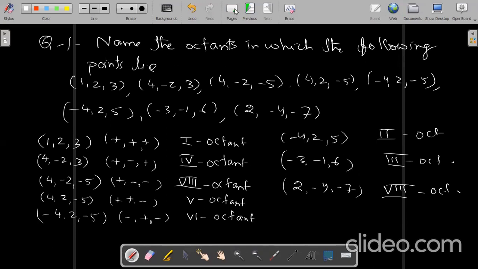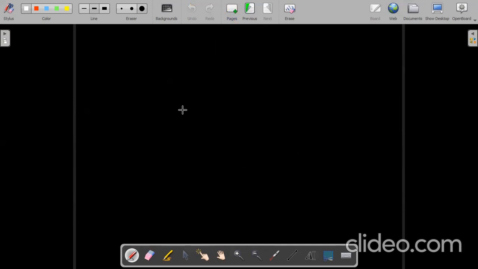Now we have seen already the coordinates of a point on the coordinate axes, x-axis, y-axis, and z-axis. As we have seen, x coordinate, y coordinate, z coordinate.